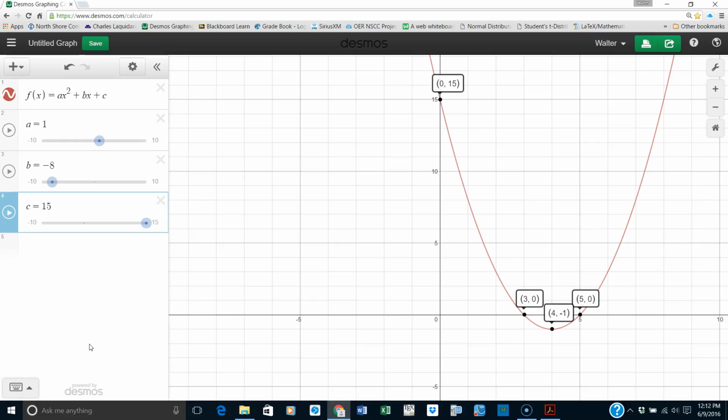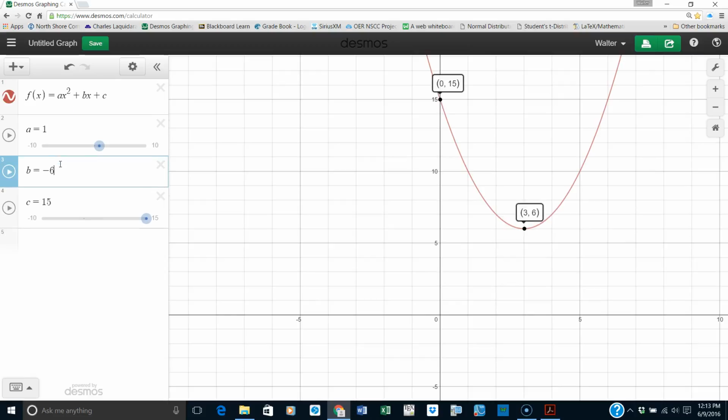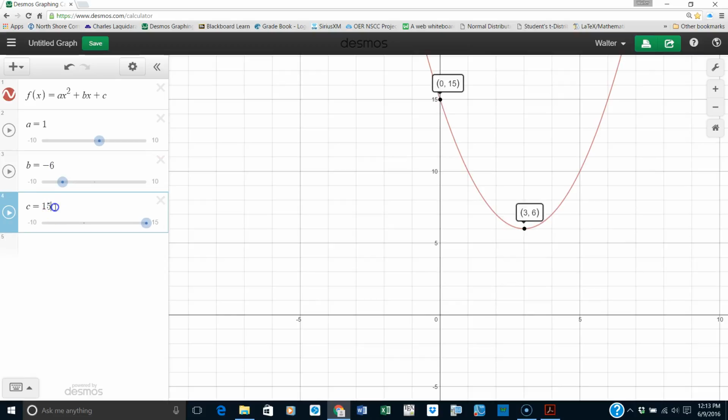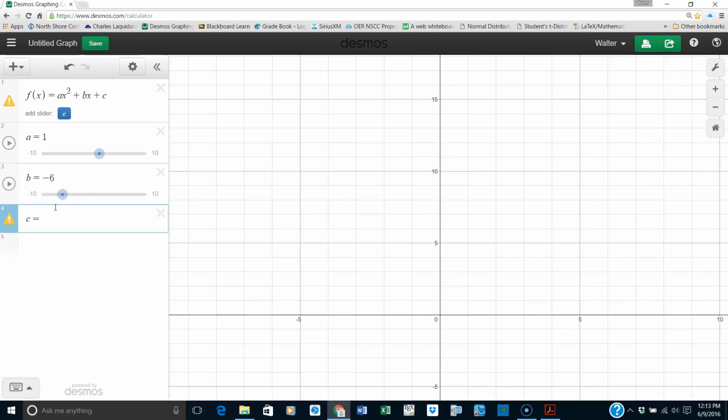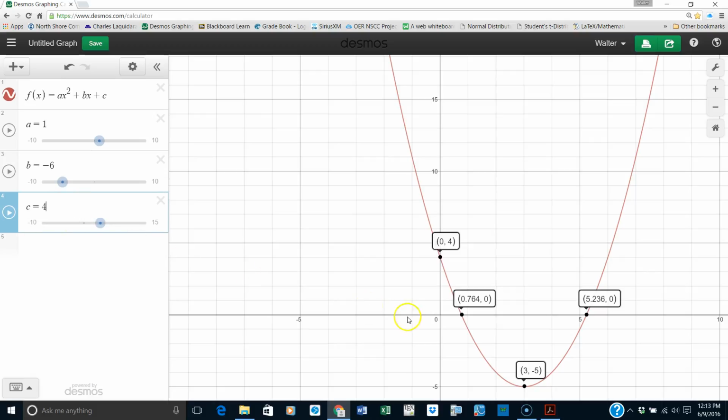So if we make a equal to 1, b equal to negative 6, and c equal to positive 4, we can see that we have x-intercepts of about 0.8 and 5.2, and we have (3, negative 5) as our vertex, and (0, 4) as our y-intercept.